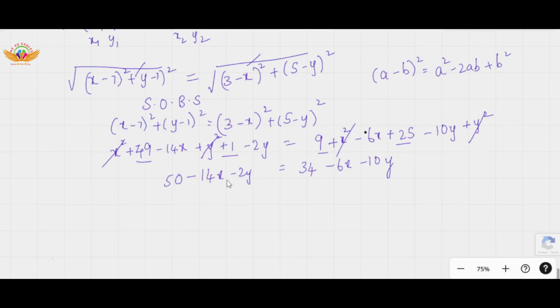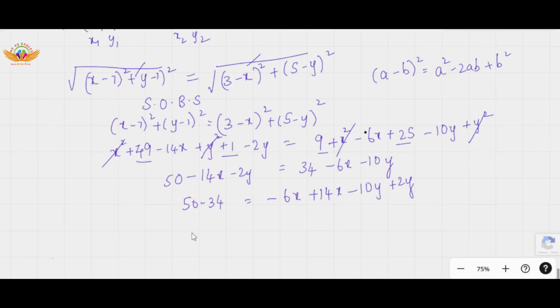Done. Now what we will do? We will bring all the number terms over here, so 50 minus 34. I'm bringing all the x terms and y terms here: minus 6x plus 14x, minus 10y plus 2y.